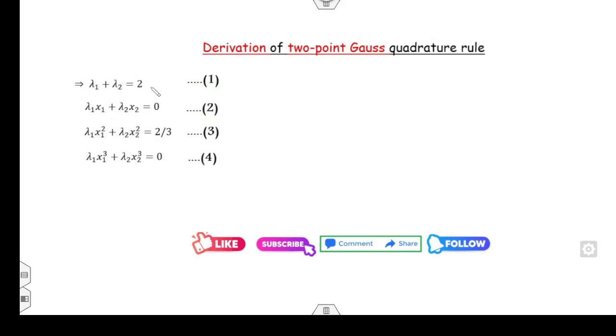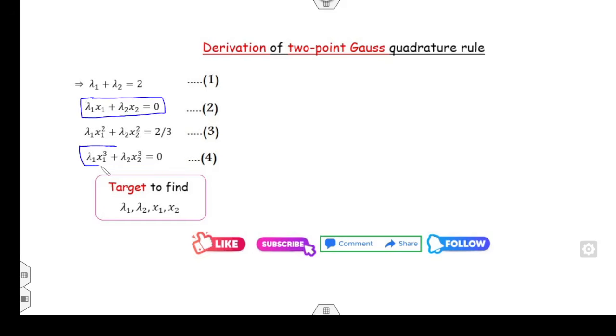Now you have 4 equations and 4 unknowns. So our target is to find the values of these lambda i and x i. It's very simple. I can use the equations whose right-hand side is 0. I can multiply equation 2 by x1 square and subtract it from equation 4. So I use equation number 4 minus x1 square times equation number 2.